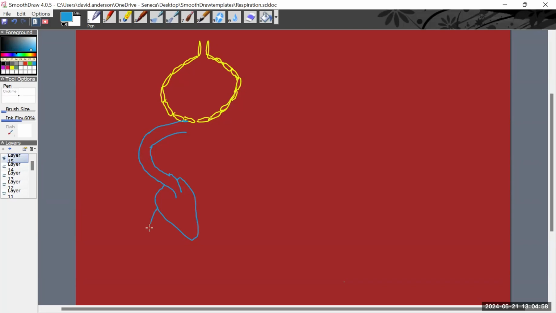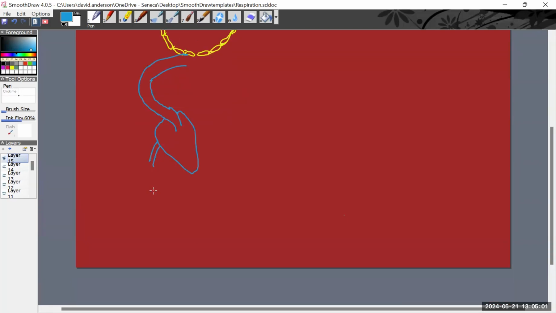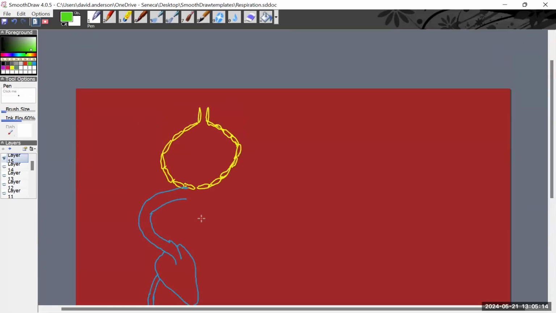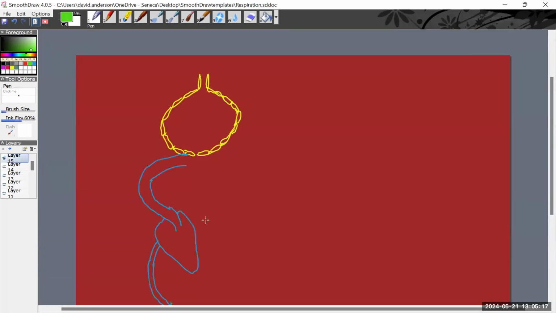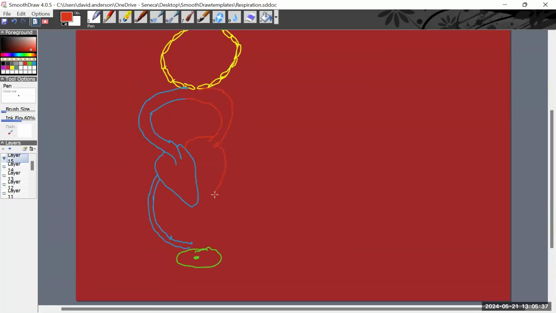Okay, we'll come back to that. So what's happening in our pulmonary circulation is that our left heart and our right heart have two distinct responsibilities.